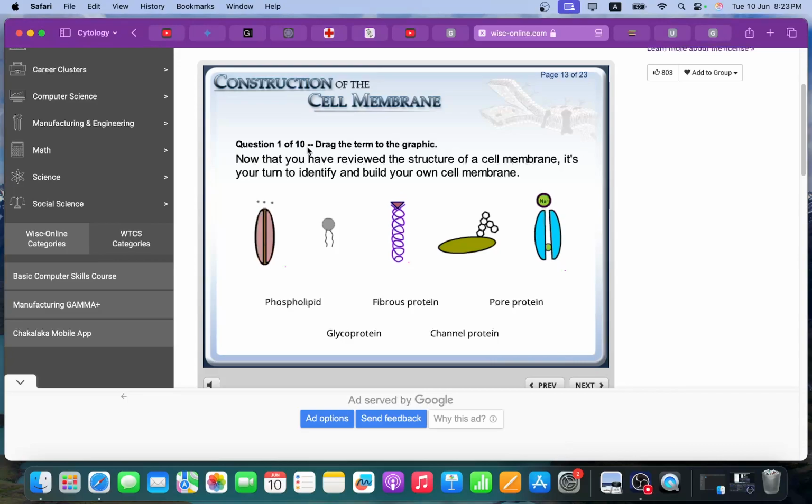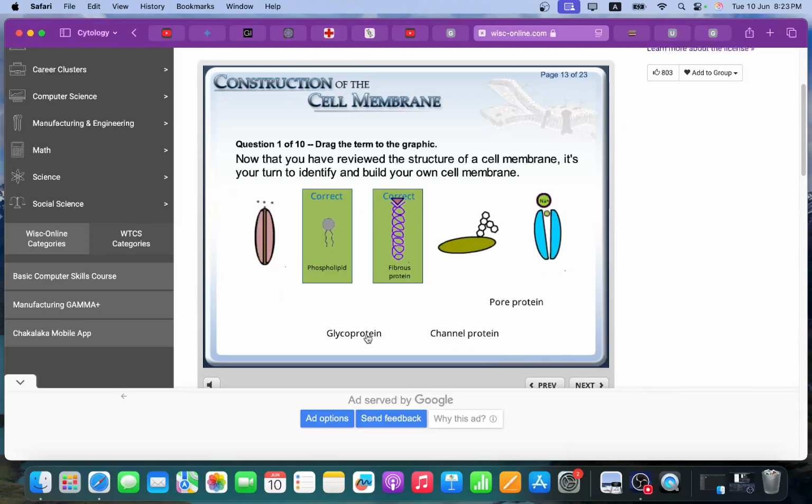Question 1 of 10. Drag the term to the graphic. Now that you have reviewed the structure of the cell membrane, it's your turn to identify and build your own cell membrane. Okay, let's do it. Phospholipid. This is phospholipid. Correct. Fibrous protein. Glycoprotein. This is a glycoprotein.